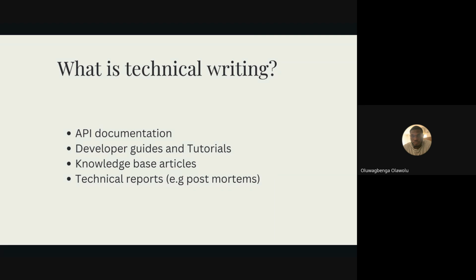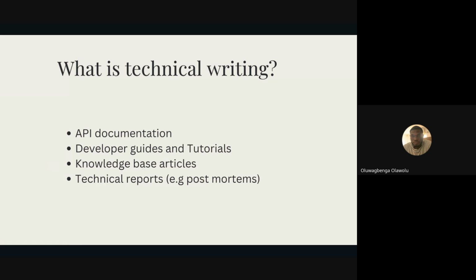So they are all technical writing, they are all technical write-ups. But the nuance is that not all the audience will be technical. For your API documentation and developer guides, most of the audience will be technical anyway. But when you have technical reports and knowledge base articles, your audience won't all be technical.